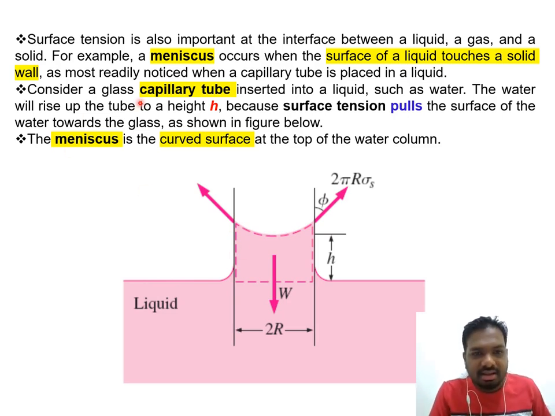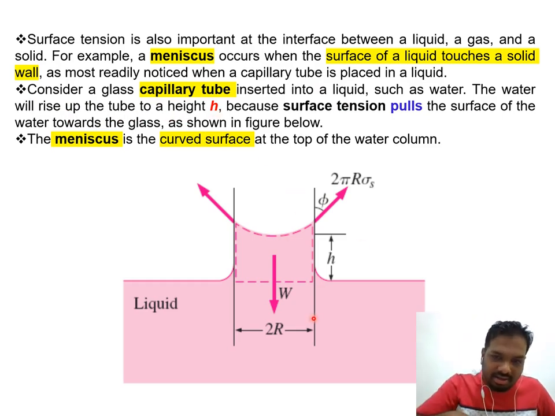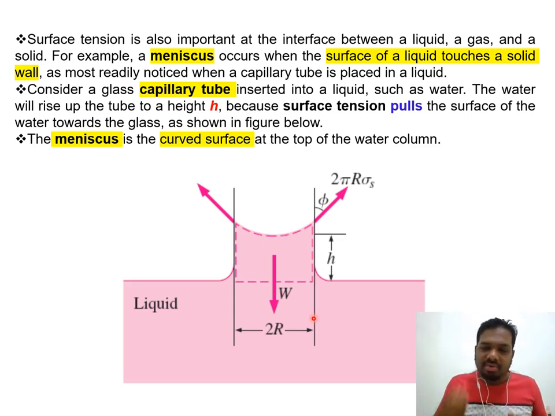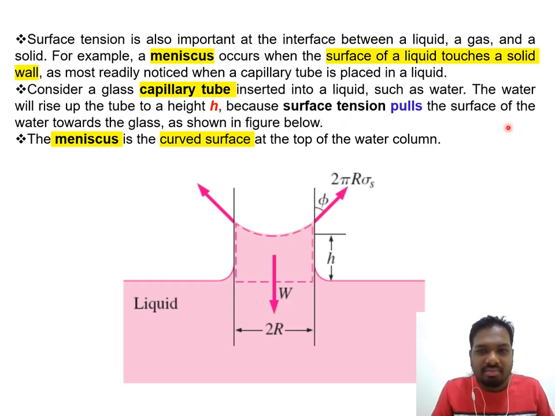Consider a glass capillary tube inserted in a liquid such as water. The water will rise up the tube to a height h. Meaning your tube will not go fully in. The liquid will enter it, and it will rise by height h because the surface tension pulls the surface of the water towards the glass.